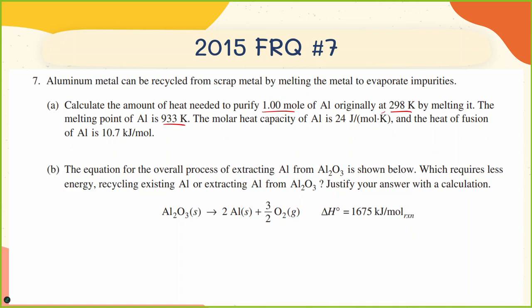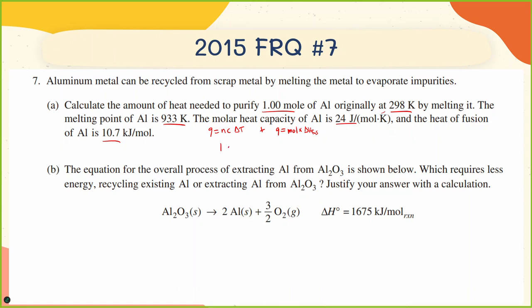The melting point is 933 K. The molar heat capacity is given in joules per mole K, and the heat of fusion is right here. So basically this is Q equals n C delta T, plus Q equals the moles times the heat of fusion for melting. So you have to do those together.